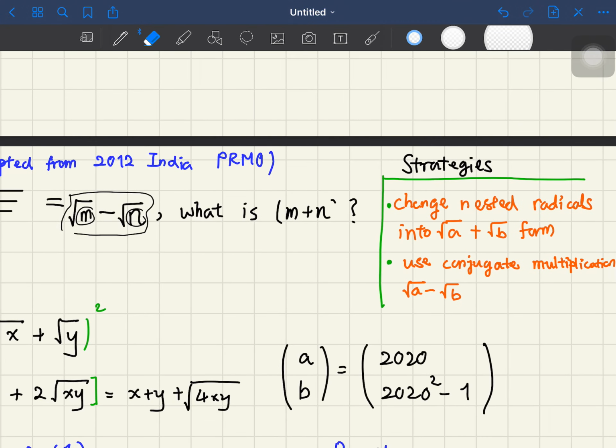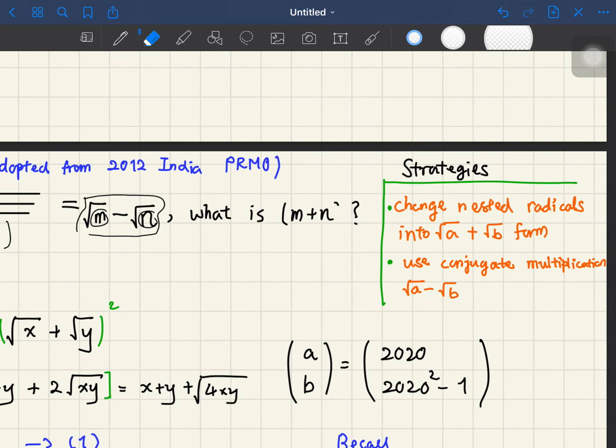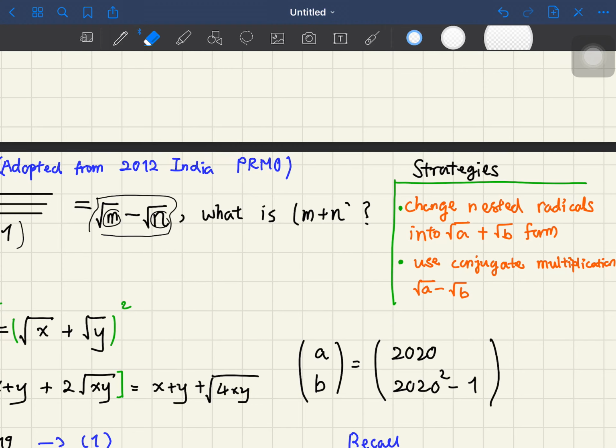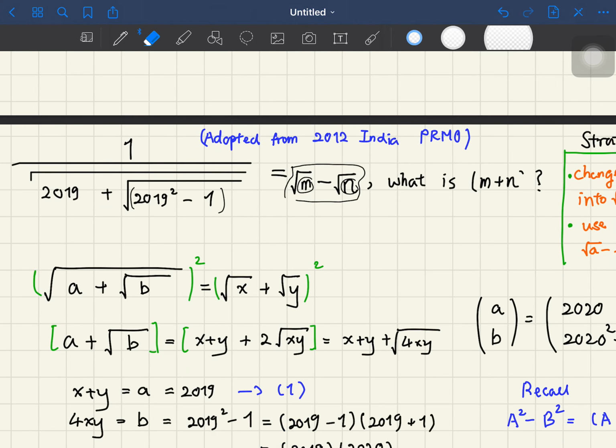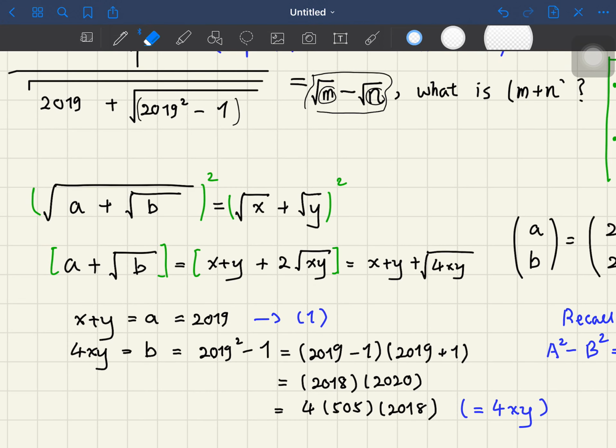Change the nested radicals into the sum of the radicals, and use the conjugate multiplication. So if you have plus, then you have minus, and vice versa. And well, we try to substitute the values of a.